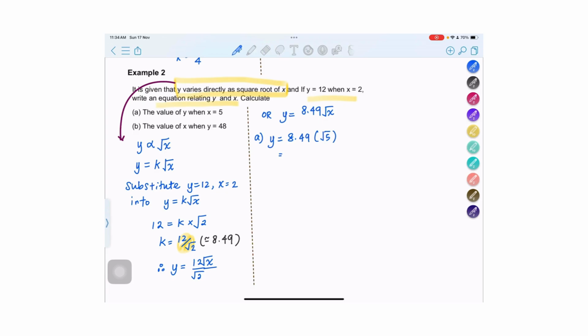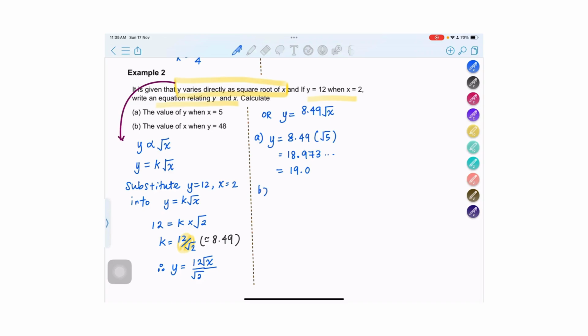From here, my answer, I will get 18.973 something. Maybe you can round it up to 3 significant figures. That will be 19.0.